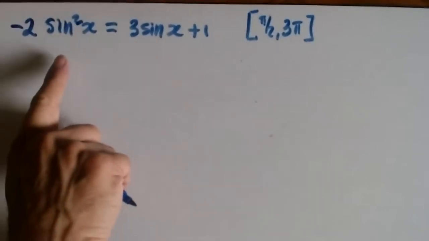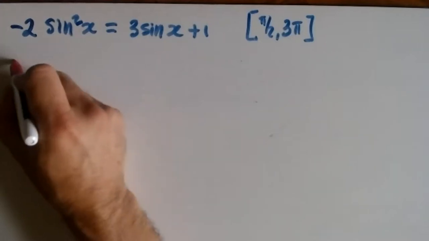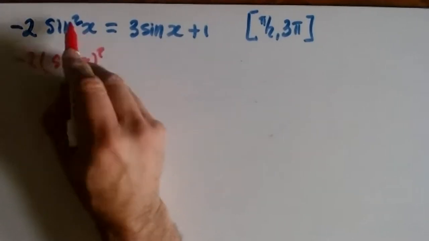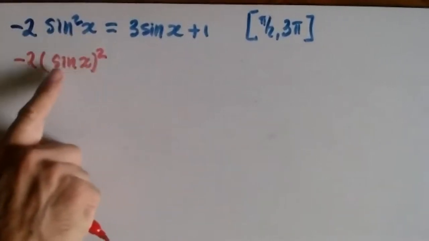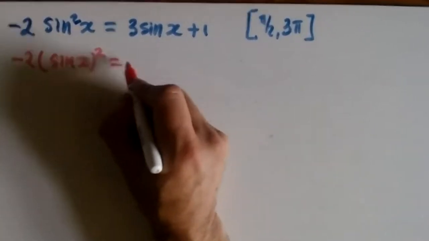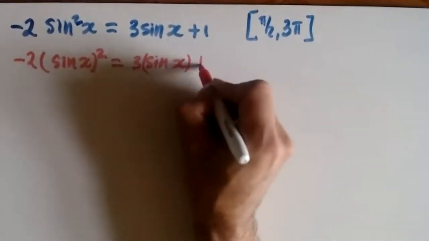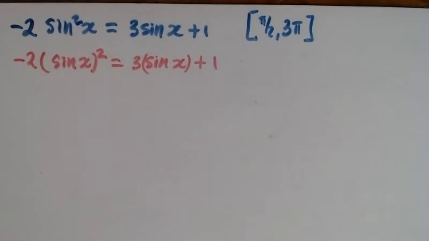So I have here sine squared, so I'm going to do my algebra again. This is negative 2 parentheses sine x squared. You know that, right? Sine squared x is sine of x squared. This is 3 sine x, I'm going to put this in parentheses, plus 1. Now, what is in parentheses, I'm going to change the variable.